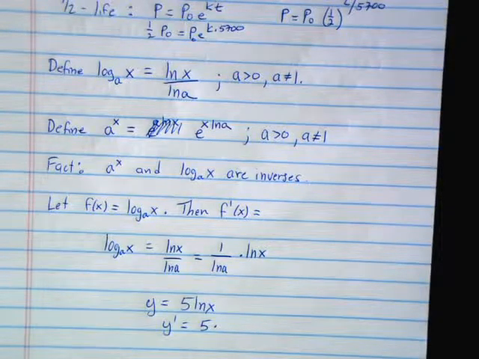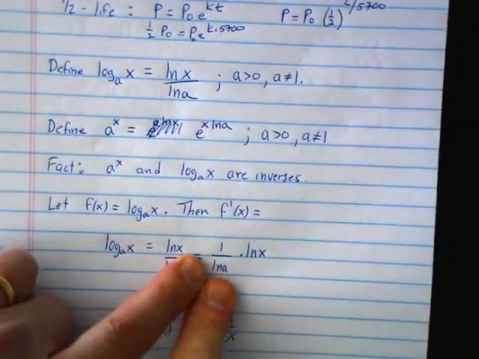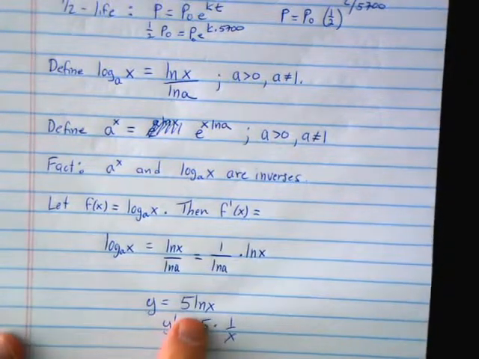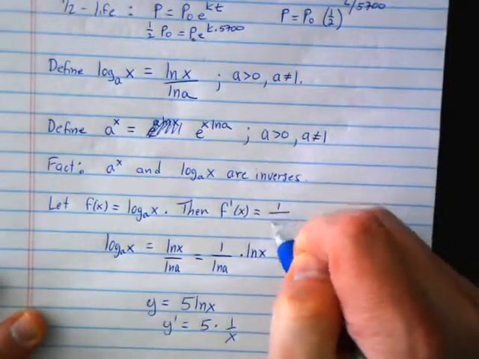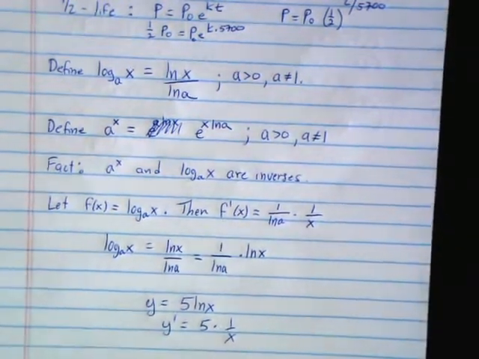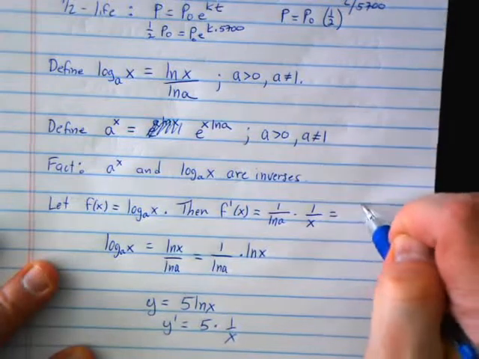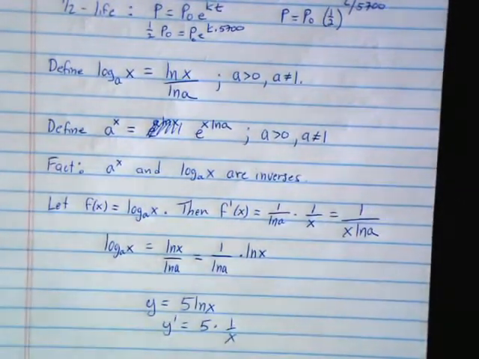The derivative of ln x is 1 over x. That's right. This 1 over ln a is just a number. It's going to stay just like the 5 did. So the derivative is going to be 1 over ln a times the derivative of ln x, which is 1 over x. So this is typically written as 1 over x ln a. Questions on that?